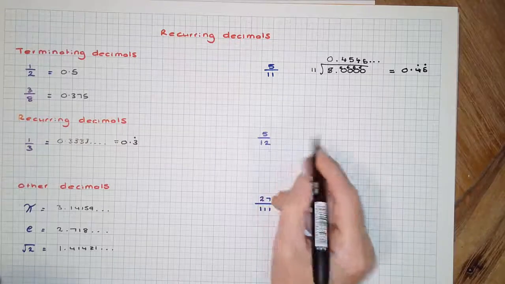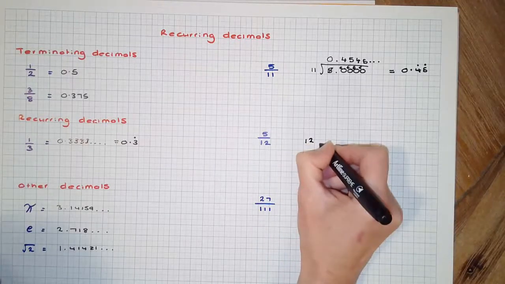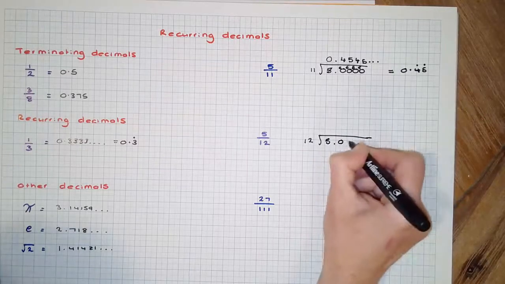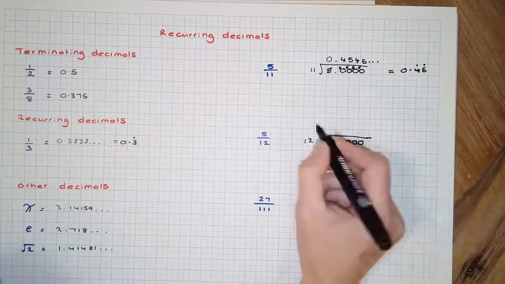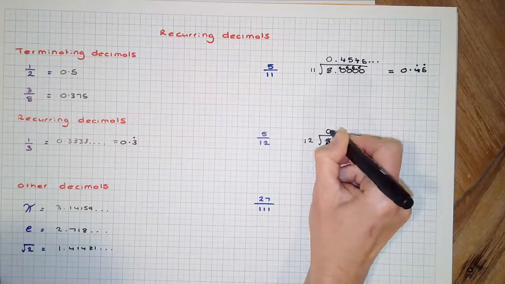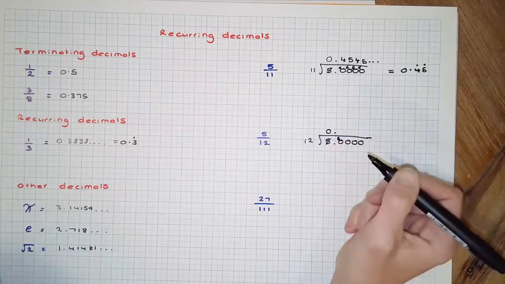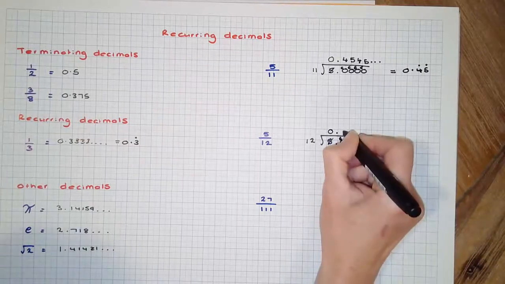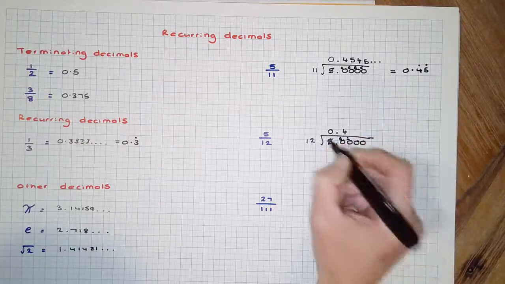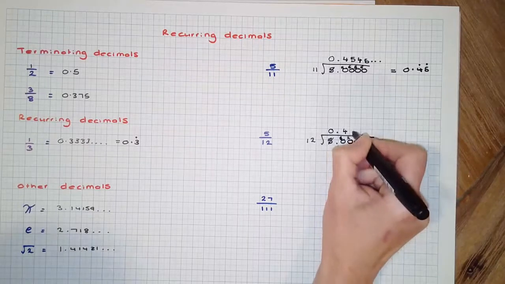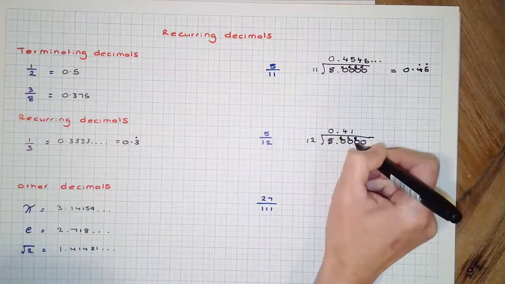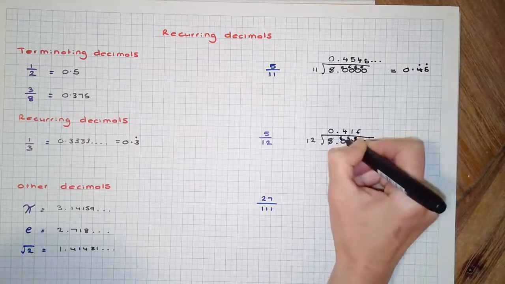Let's try 5/12ths. 12 into 5. Again, I'm not sure how many zeros I'm going to need. 12 cannot go into 5, so I will carry it over 0 and move the decimal point up. 12 into 50 goes 4 times with 2 remainder. 12 into 20 goes 1 with 8 remainder. 12 into 80 goes 6 times, which is 72.